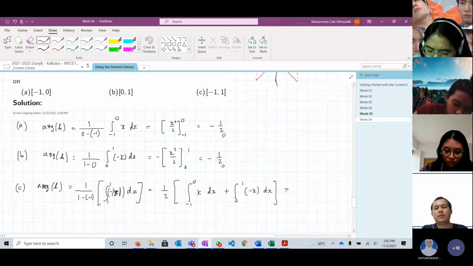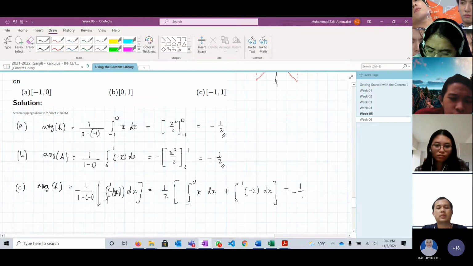And if you compute this, you will actually get also minus half.